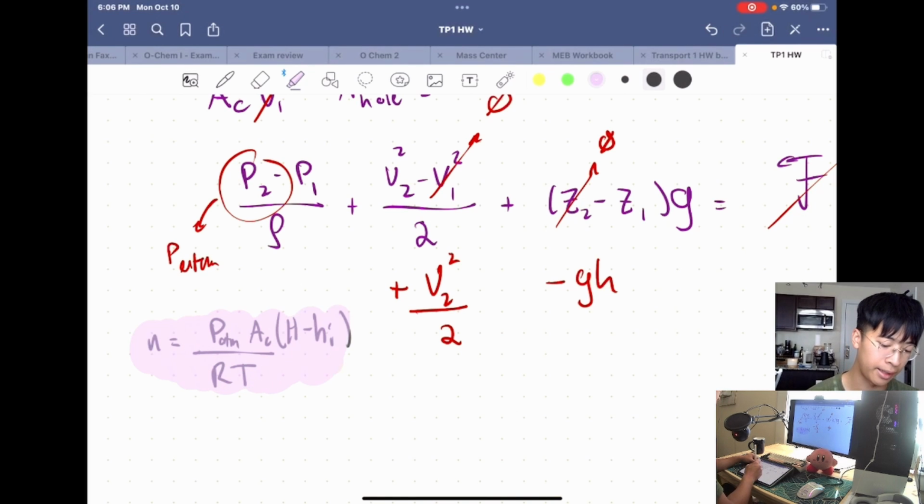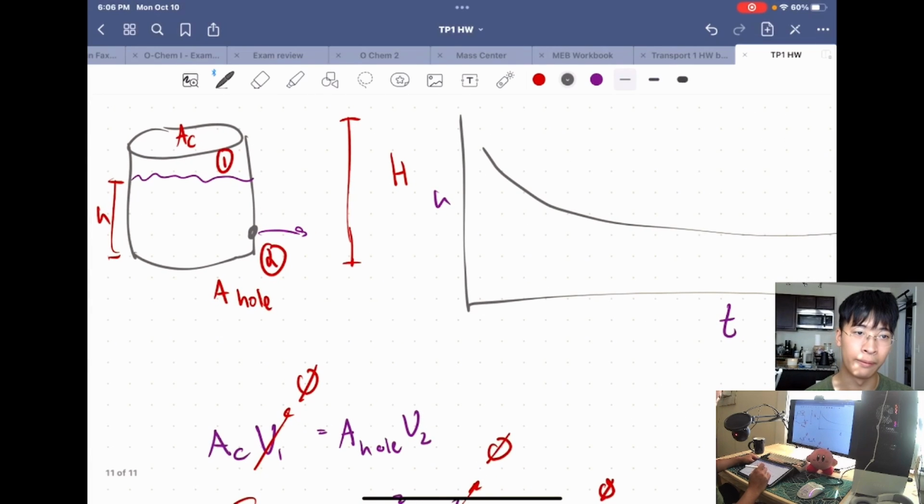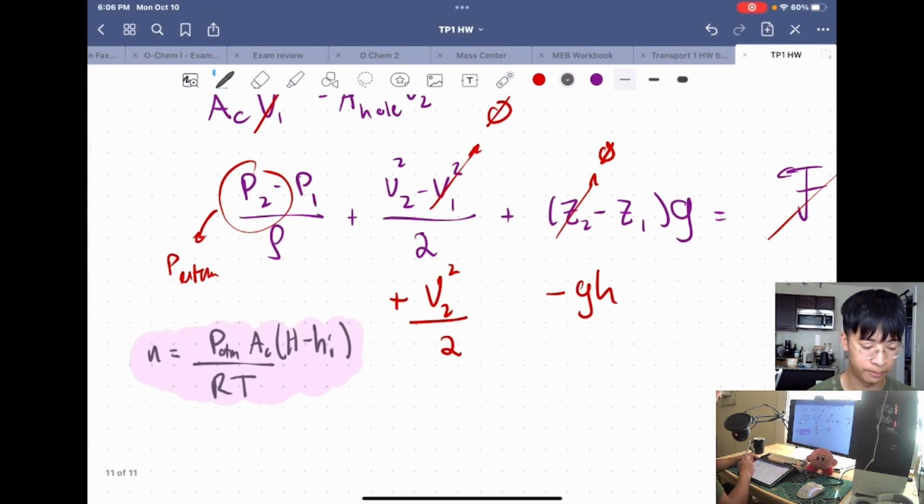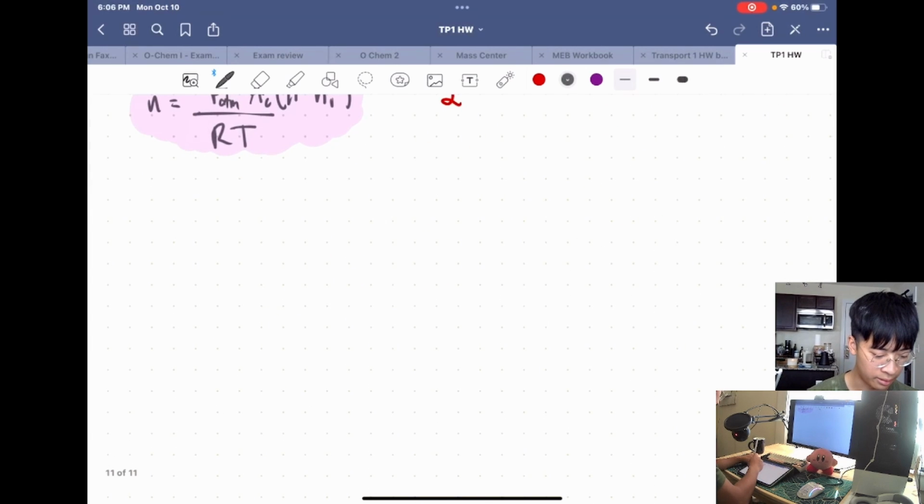Let's use the ideal gas law again to derive a function of pressure, P sub 1. P sub 1 equals what?